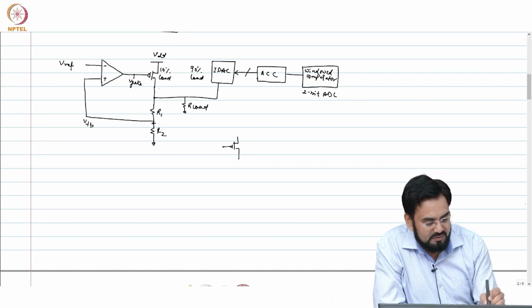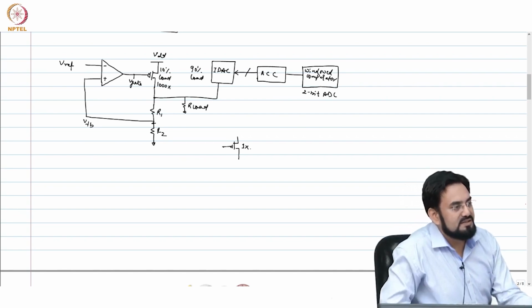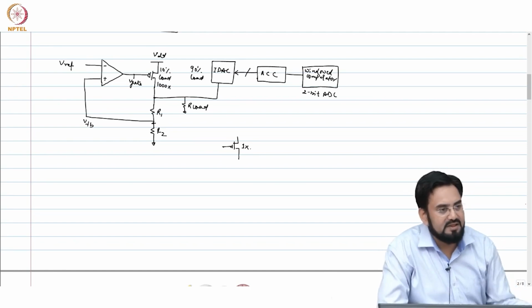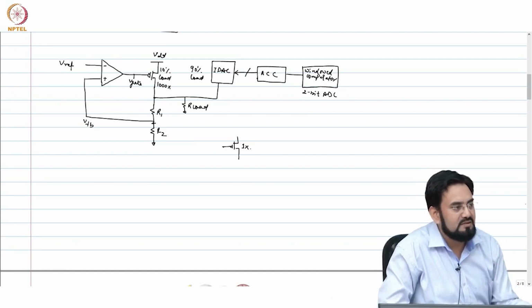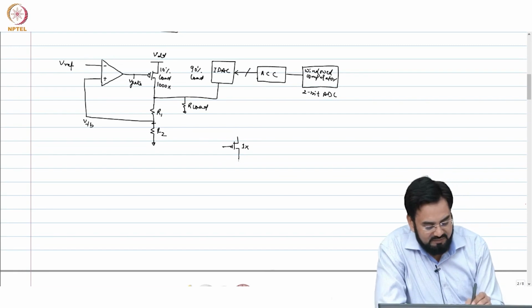Okay, so if this is, let's say 1000x, you make it 1x device. So at 1 milliamp it will carry 1 microamp only. So which means you have to compare this with 1 microamp reference current.